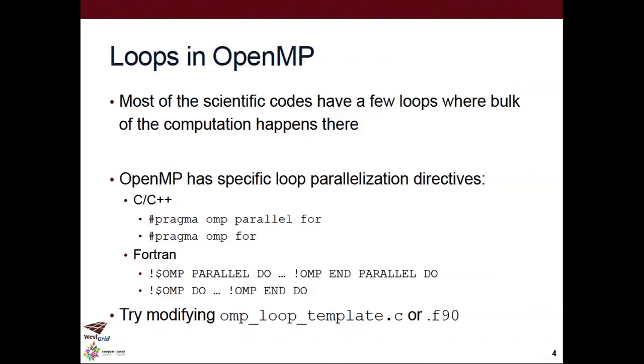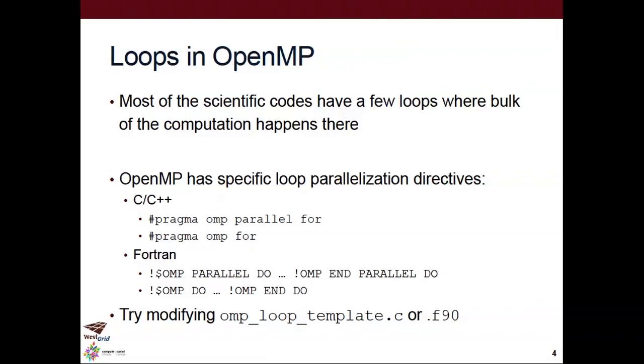But if you are a Fortran programmer, you can use this !$OMP PARALLEL. That starts your parallel section. Again, similar to C or C++, if your do loop is the only component of this parallel section, you can write parallel do. But if you have multiple do loops, you can have one parallel section, and within that parallel section, you can have OMP DO and OMP END DO.